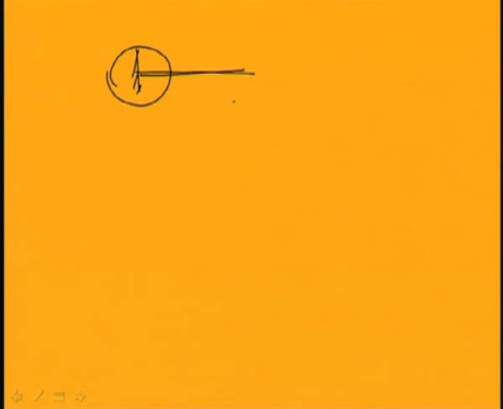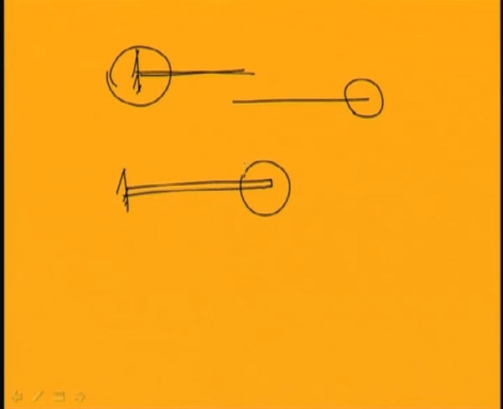If the other side is free, then in the longitudinal vibration of a rod, or in the transverse vibration of a beam, which we are going to study now, the shear force and bending moment will be 0 at this free end. So at this free end the boundary condition is a natural, additional, or dynamic boundary condition.